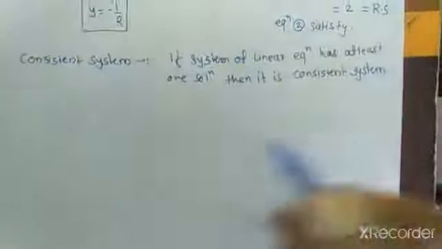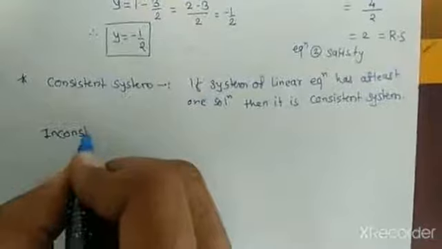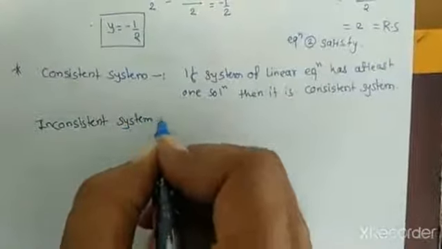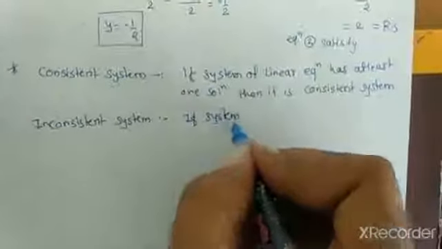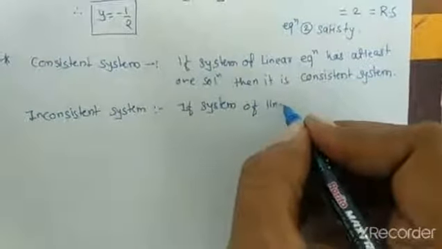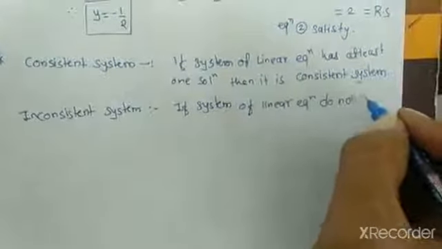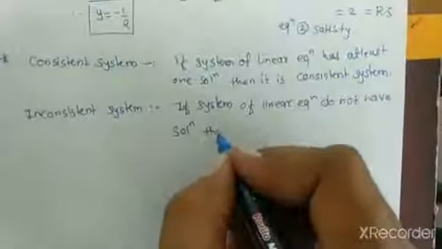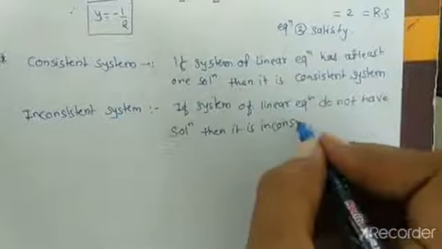Okay, and the second definition is inconsistent system. In that, if a system of linear equations does not have a solution, then it is an inconsistent system.